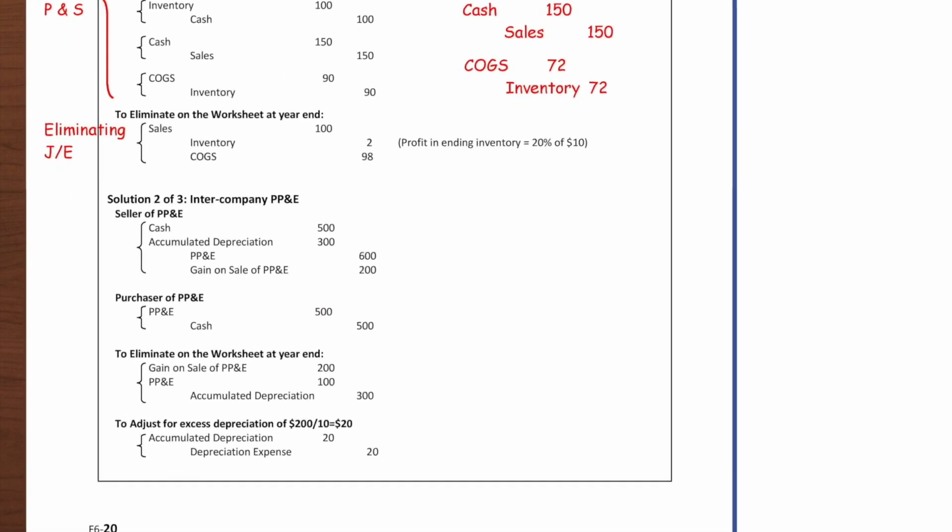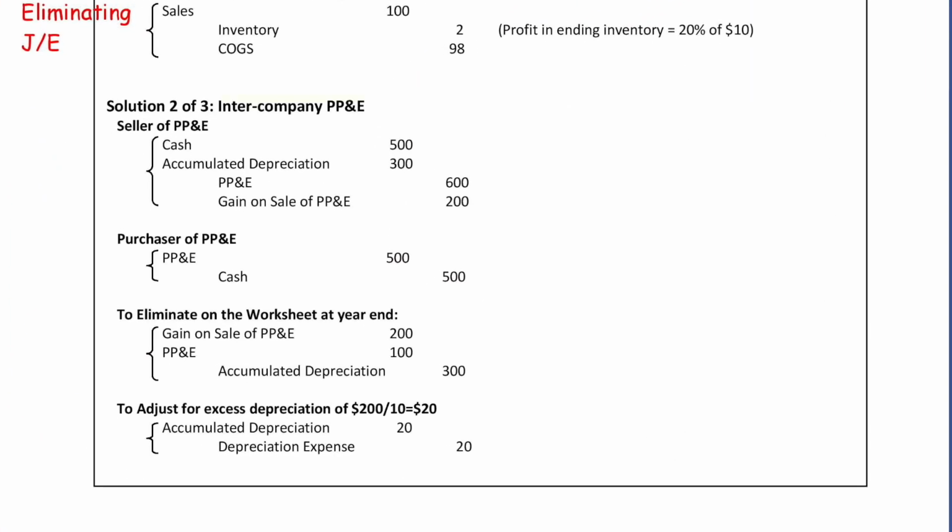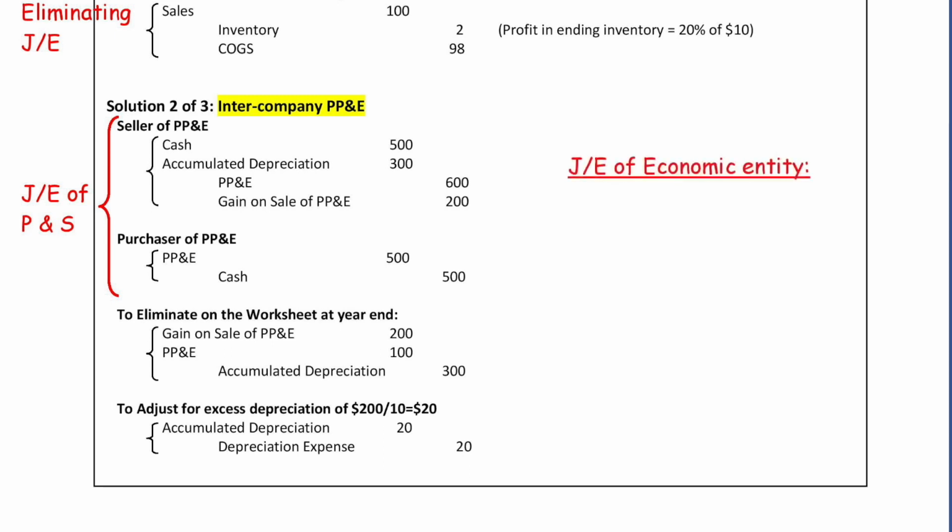Turn to page 20 and on the second half of the page, highlight intercompany PP&E. You have the journal entries in the books of the seller and the purchaser. So draw a bracket and write journal entry of P and S in the parent's books and in the subsidiary's books. Make a note there, journal entry of economic entity, and write no journal entry because such a transaction is not allowed if it's one entity.